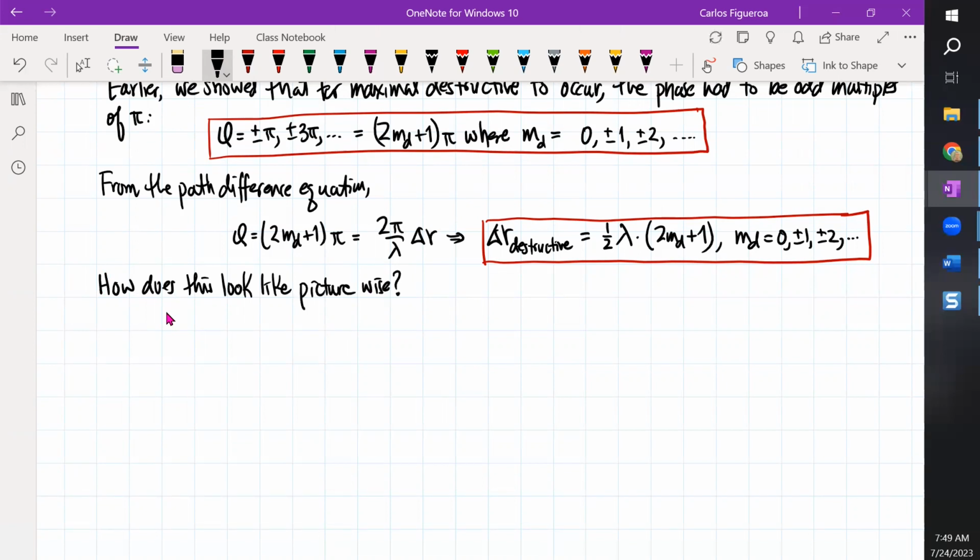We'll do the exact same thing that we did before. If I set md equal to 0, then according to our relationship, I get 0 plus 1, which gives me that the path difference must be 1/2 lambda.